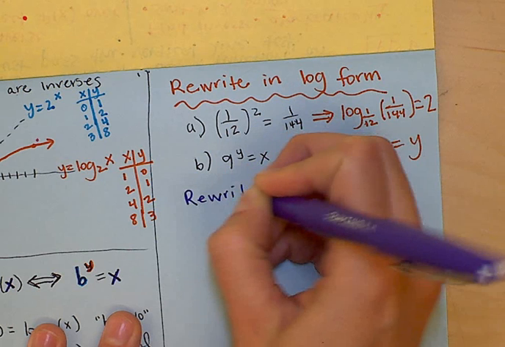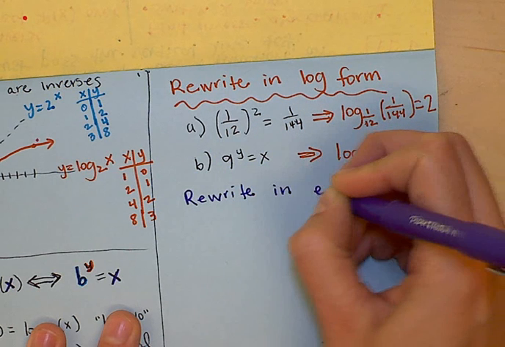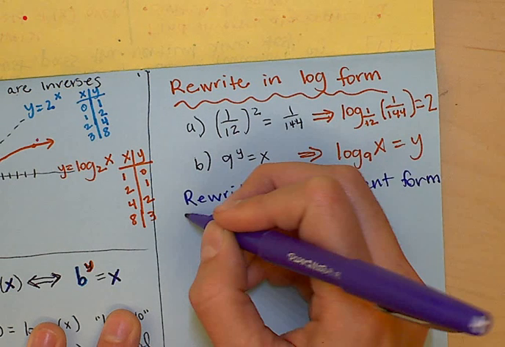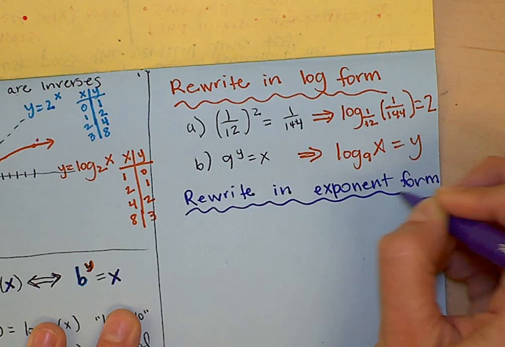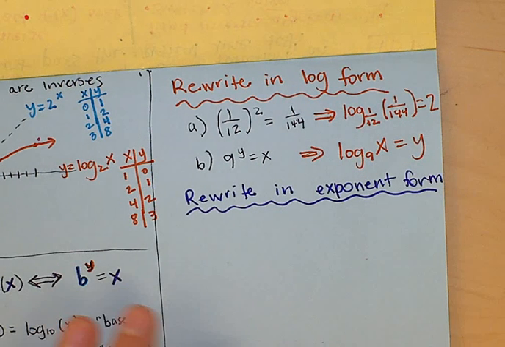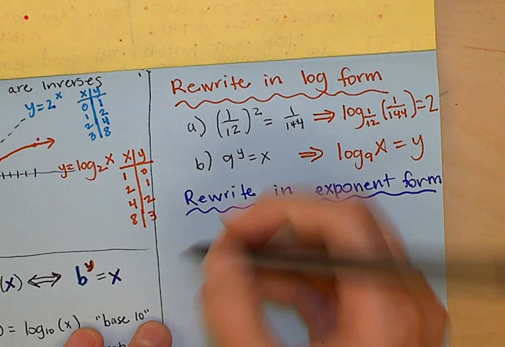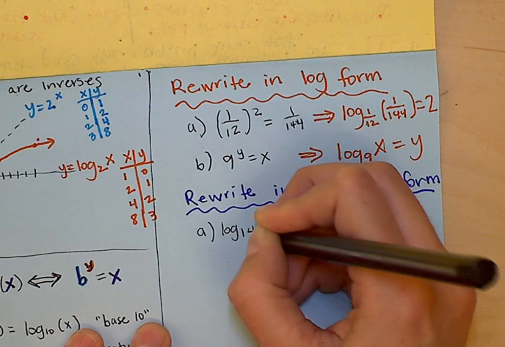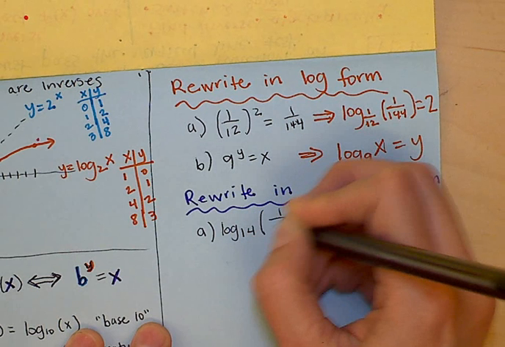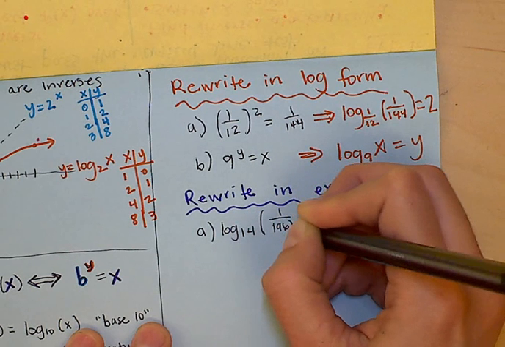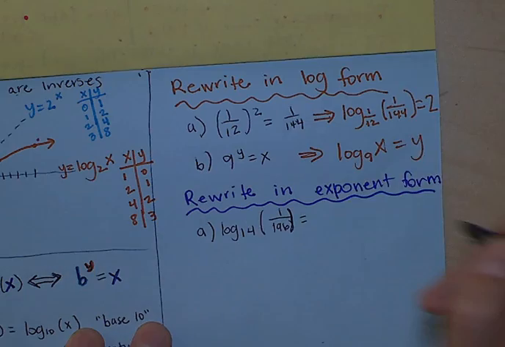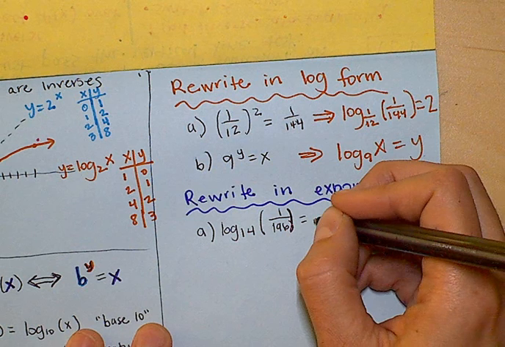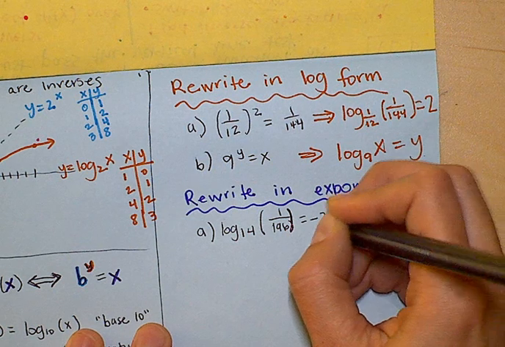And then we can do examples of rewriting in exponential form. So rewrite in exponent form. If I had log base 14 of 1/196 equals negative 2, I can rewrite that.